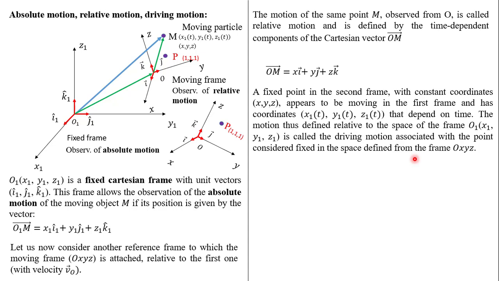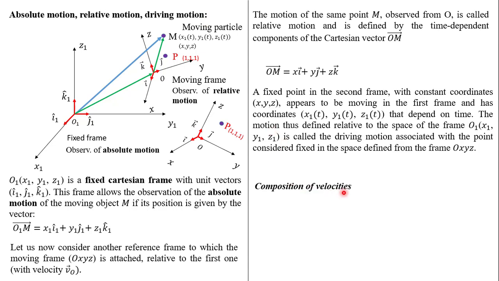So to resume, the driving motion is the motion of the moving frame relative to the fixed frame. So here it can be, for example, the motion of the truck relative to an observer at rest.